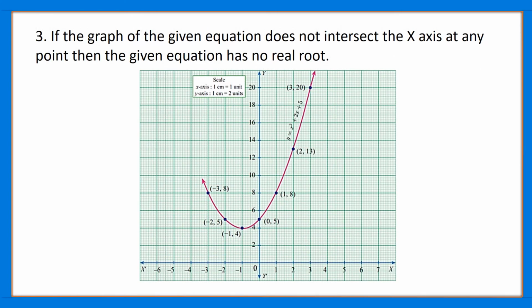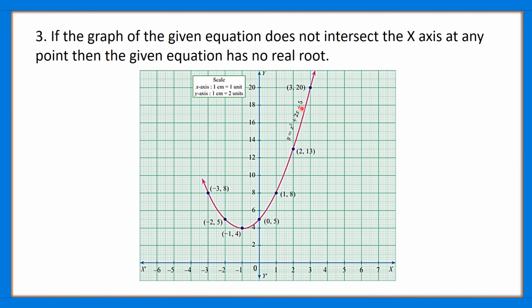If the quadratic equation has no real roots, that is, if we plot the graph and find that there is no intersection point between the graph and the x-axis, then what will happen to the nature of the roots? First of all, let us see an example in order to clearly understand the concept. Let us take the quadratic equation y is equal to x square plus 2x plus 5.